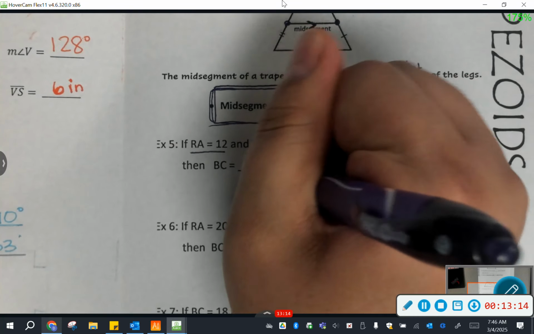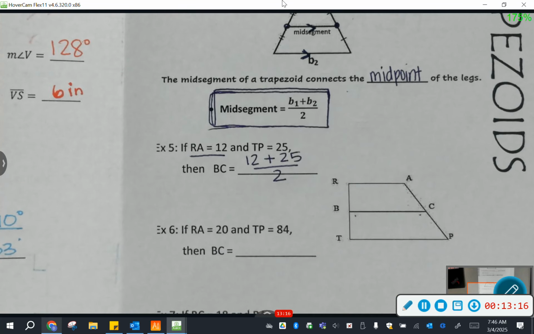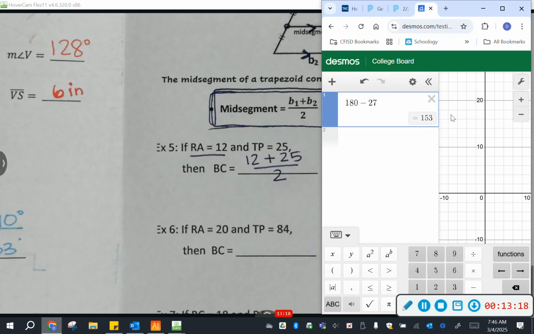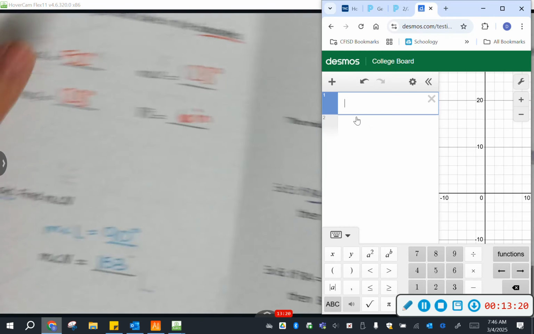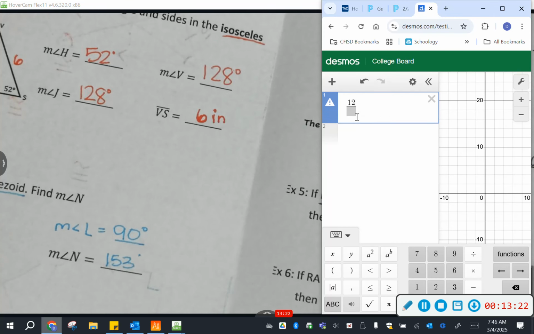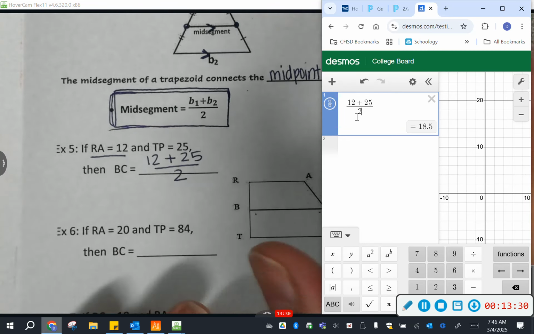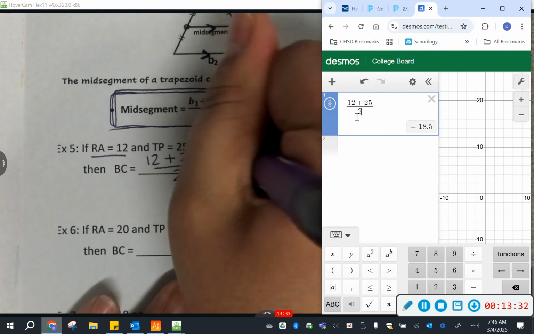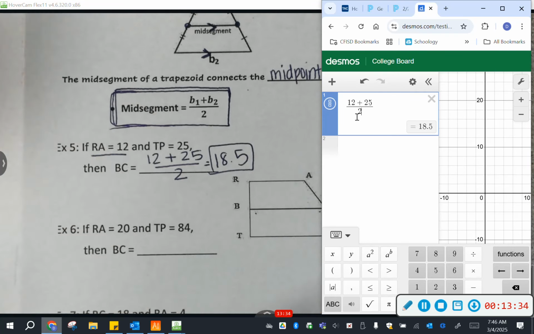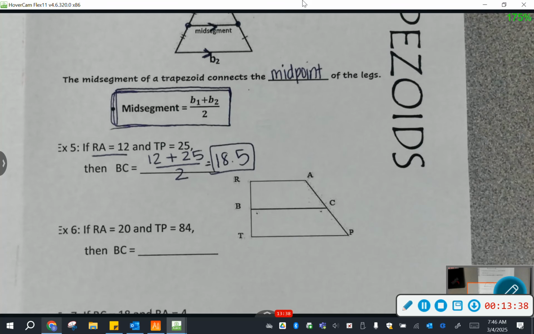And then divide by 2. And just put that in your calculator. Do the divided by symbol first. 12 plus 25 divided by 2 is 18.5. That is my mid-segment. Take your base 1, your base 2, add them together, and divide by 2.